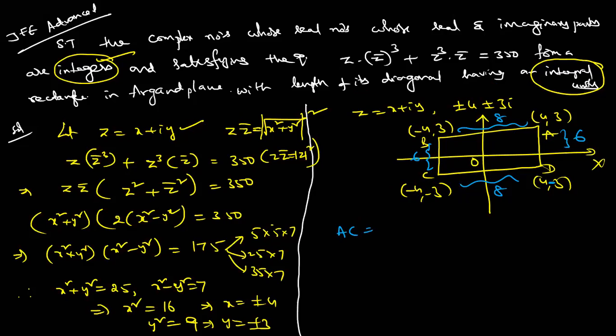Find out, please, anyone. 4 plus 3i minus minus 4 minus 3i, take the modulus. How much coming? 8 plus 6i is coming. So what result is coming? Anyone? 10 is coming. Is this clear?